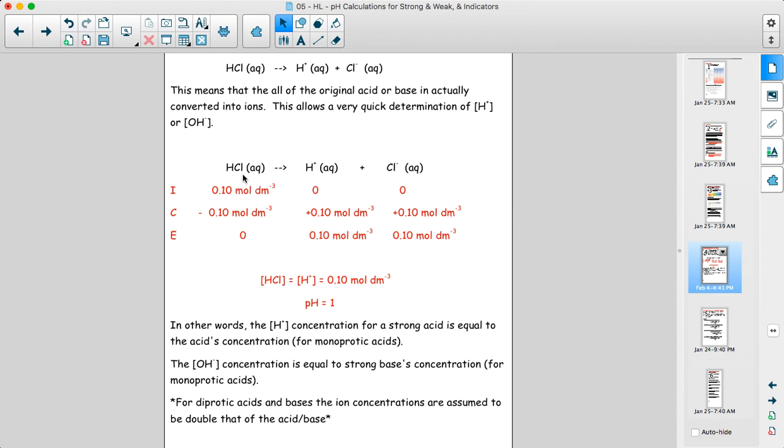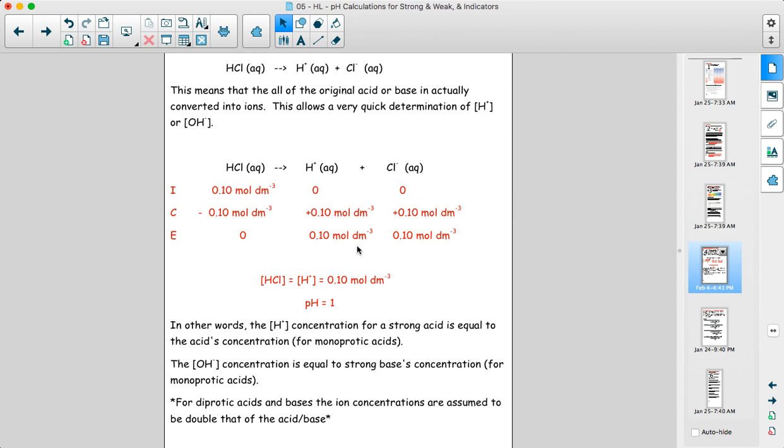If we start off with a 0.1 molar HCl, when it dissociates, we think of all of the HCl going away. So eventually there's zero concentration of HCl once the reaction is complete. And once we've done that, then these will both now have a concentration of 0.1 mole per dm cubed, because for every one HCl, we made one H plus and one Cl minus.